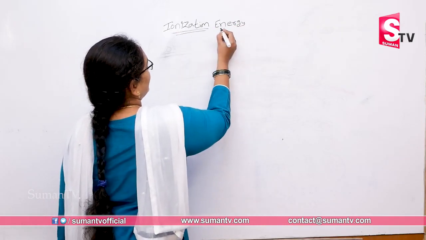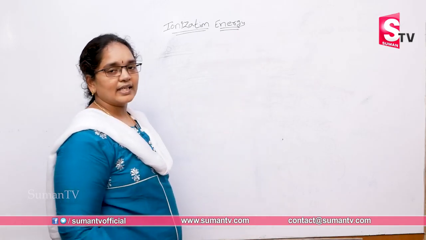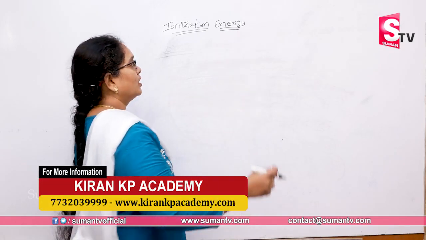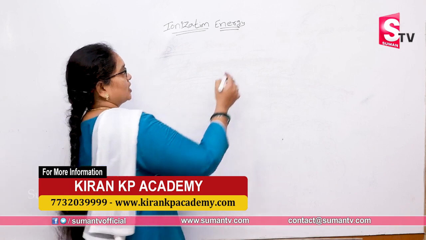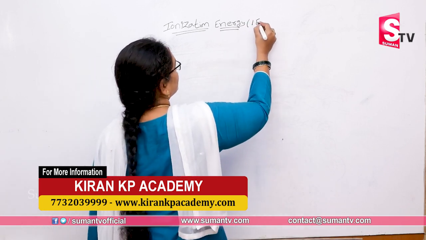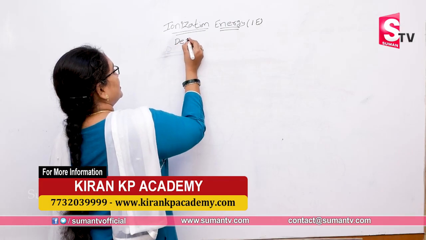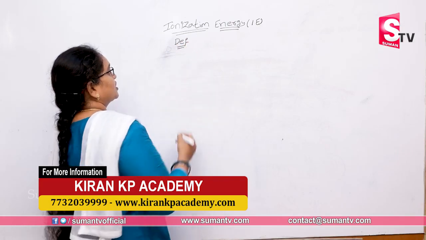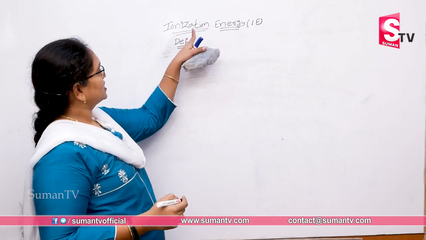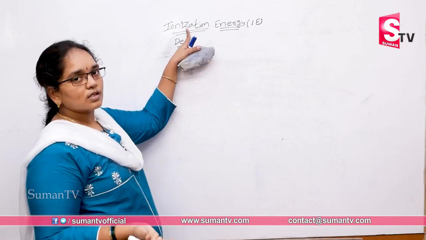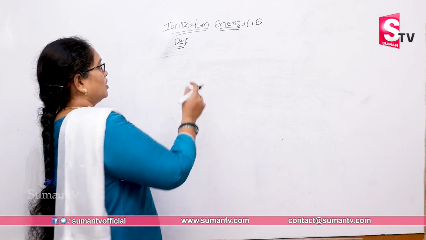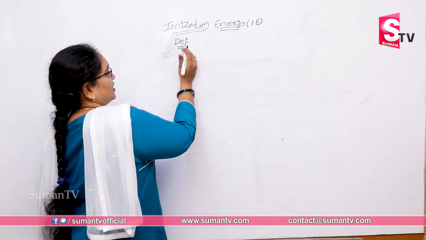So ionization energy is also called ionization enthalpy. Enthalpy is nothing but energy. We can write it as IE. What is the definition of ionization energy? Here there are ions, an atom converts to an ion.